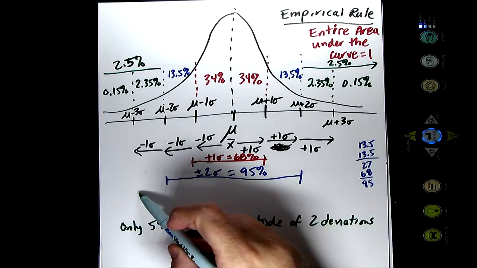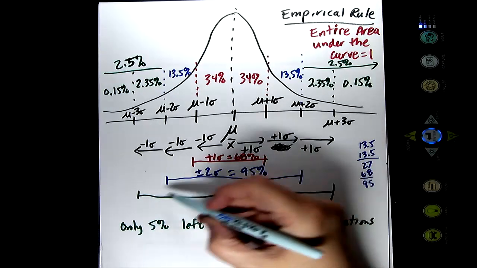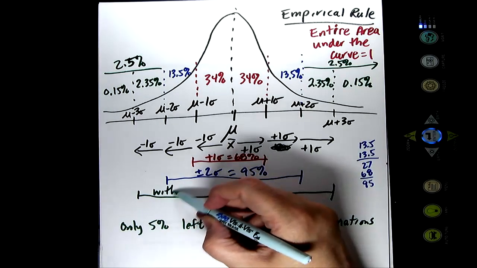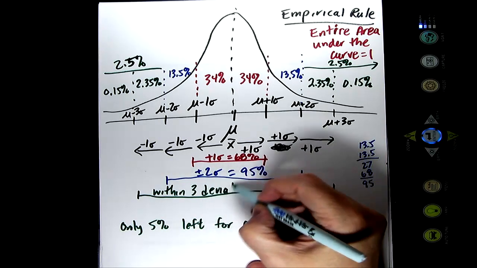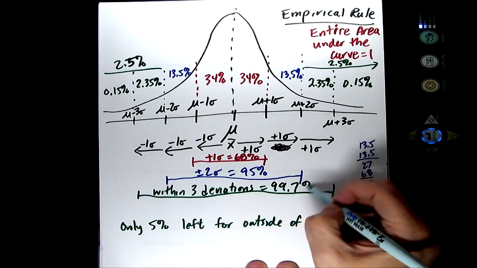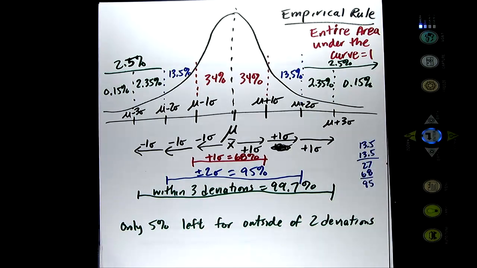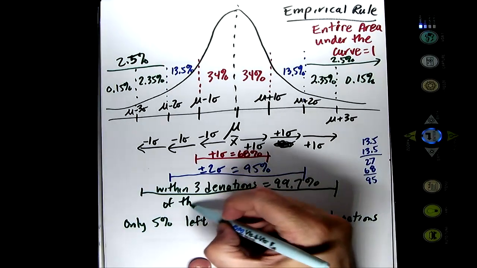Which means if we add up within 3 deviations, we get 99.7% of the data.